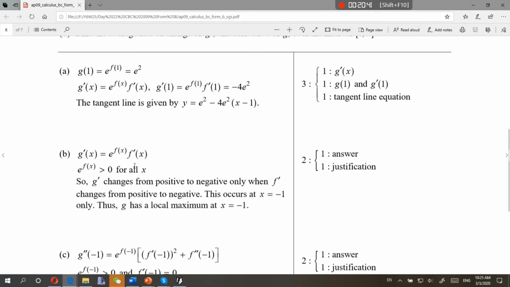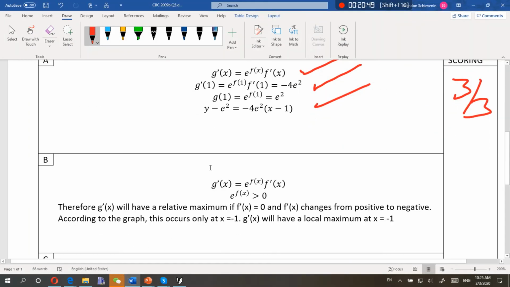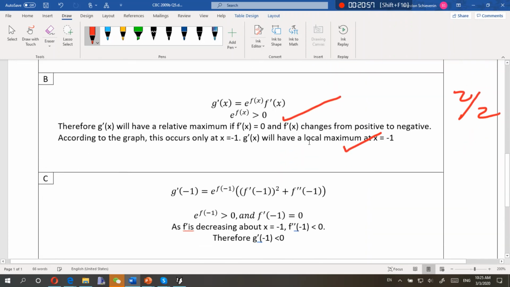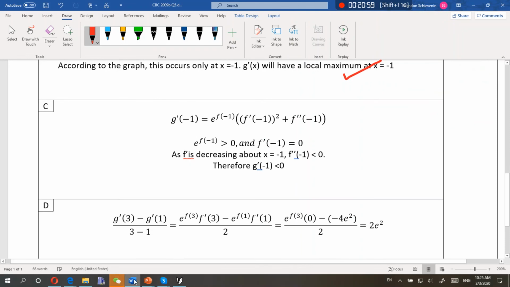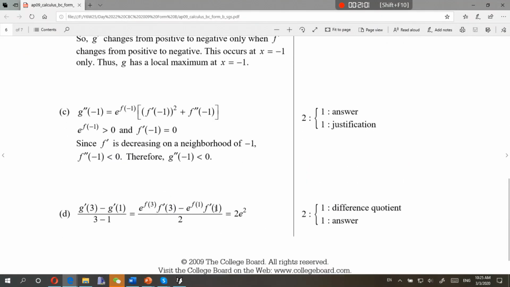Okay, x equals -1 because we're changing from positive to negative. We've got that. Okay, so local maximum and then justification. Answer justifications. We've got concavity is negative.